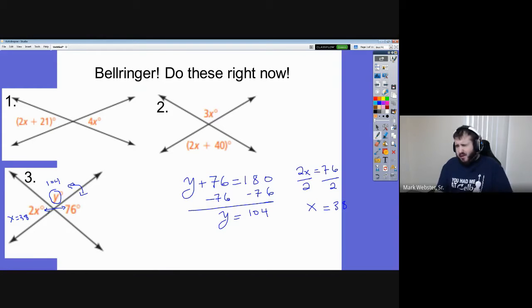And the thing of it is, as you're going through and doing these, there's going to be a lot of different ways to go about doing this. Some people might find that this is 104 and say 2x plus 104 equals 180. Should you still get the answer of 38 for x? You should.